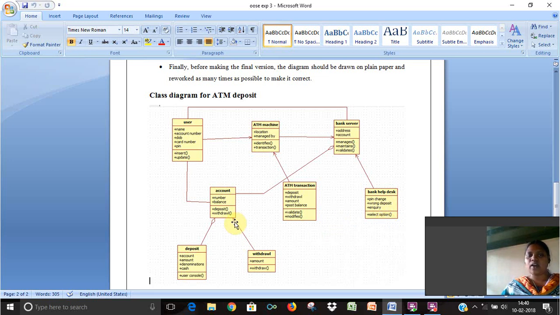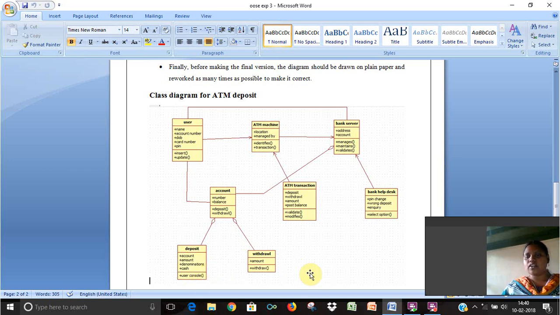Coming to account, it will hold a number, balance, and a name, and it contains deposit and withdrawal. Account holds whatever transactions are made. In the deposit class we have account, amount, denominations, and cash or check, and in the user console all this will be displayed.